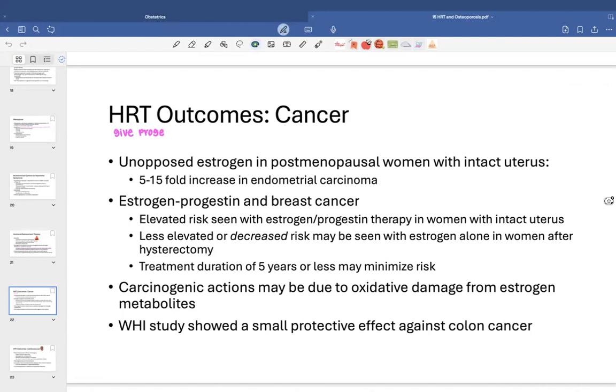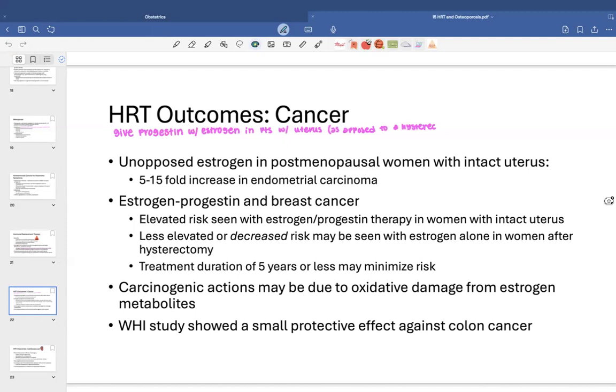When it comes to breast cancer, you would think that estrogen in postmenopausal women can lead to breast cancer. Not quite that straightforward. If you give combined estrogen-progestin therapy in women with a uterus, you might see a slightly elevated risk of breast cancer.